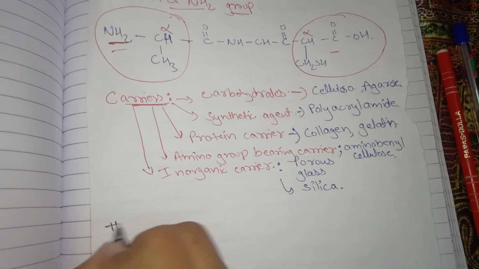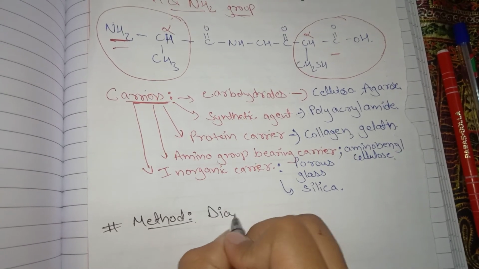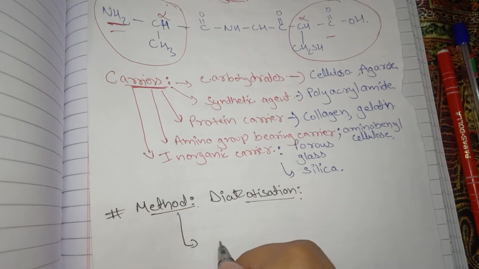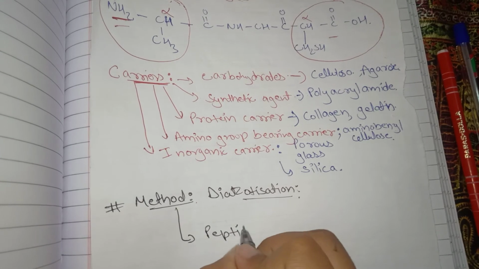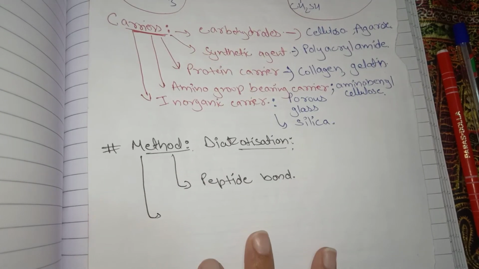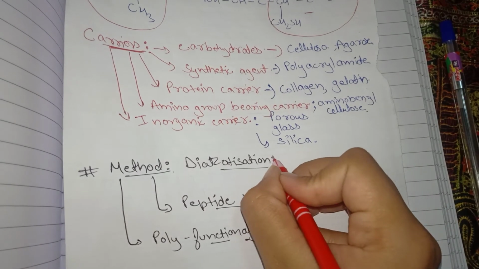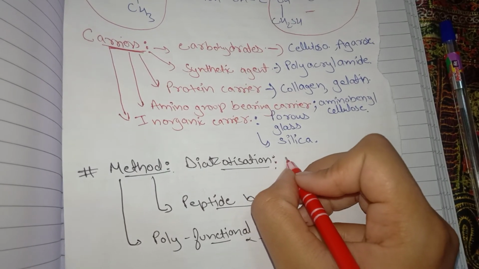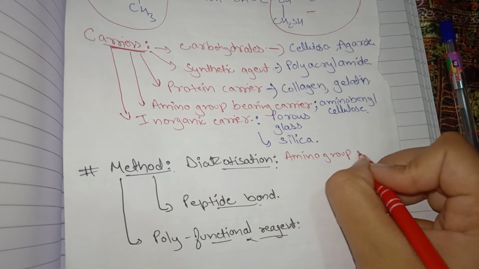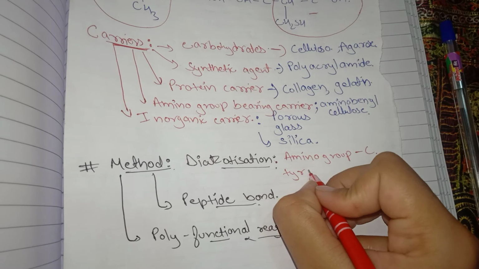Now, methods of covalent bonding include diazotization. Second one is peptide bond. And third one is polyfunctional reagent. In diazotization, there is bonding between amino group of support or carrier and tyrosyl group of enzyme.